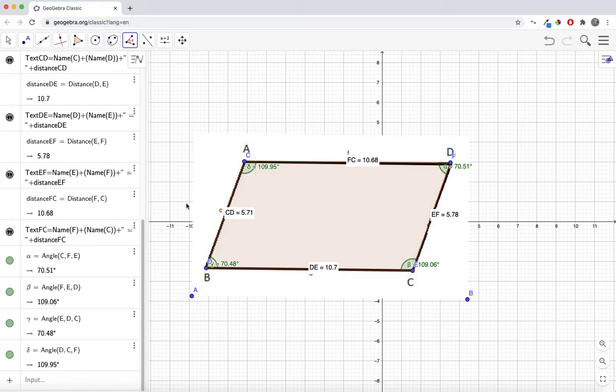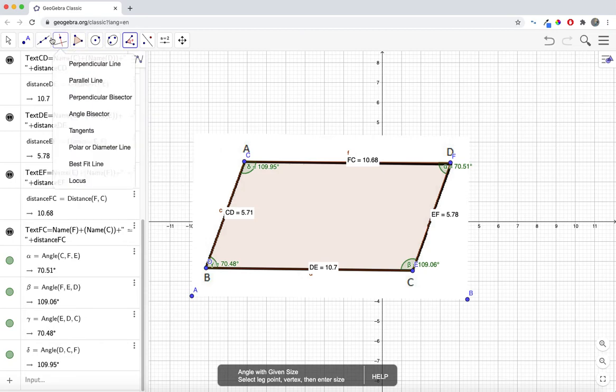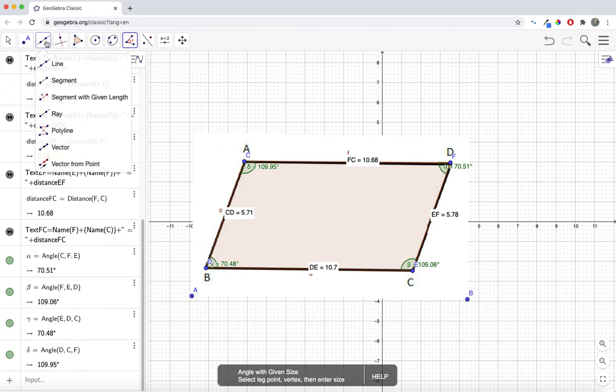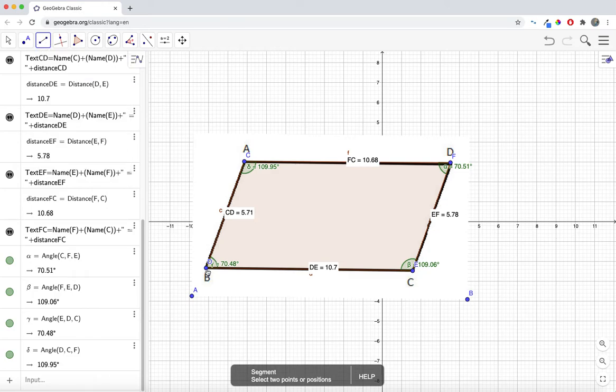Okay, the next one is diagonals of a parallelogram bisect each other. Okay, so this one we have to do a couple things. We need to first draw the diagonals. Let's see, segment.